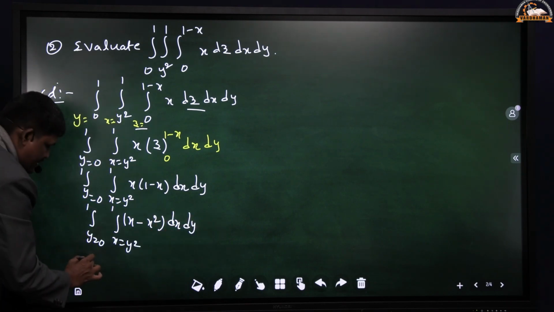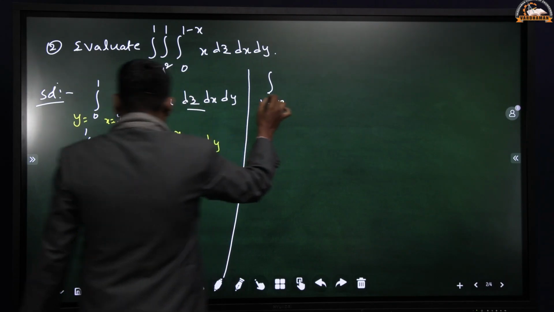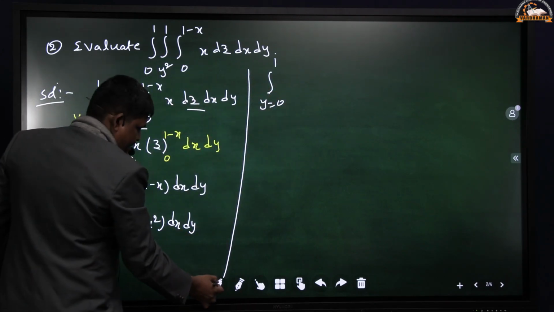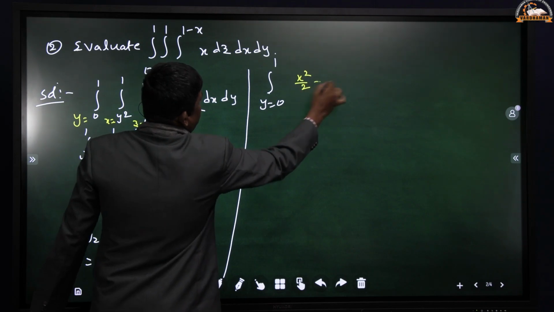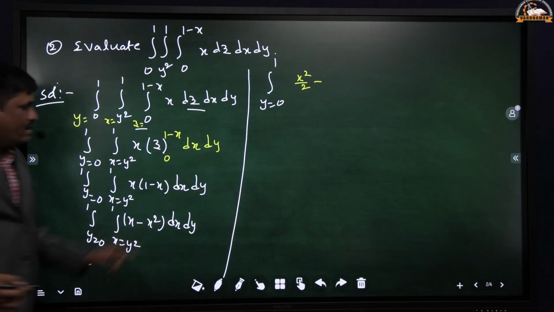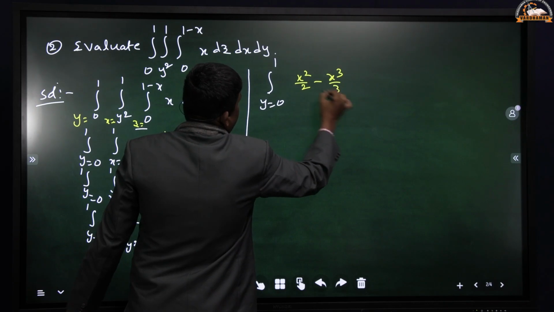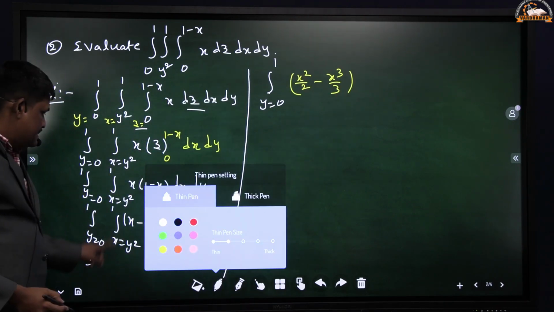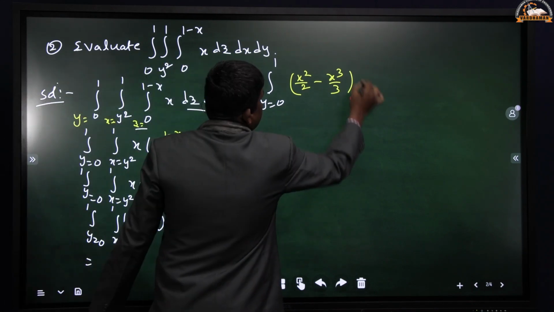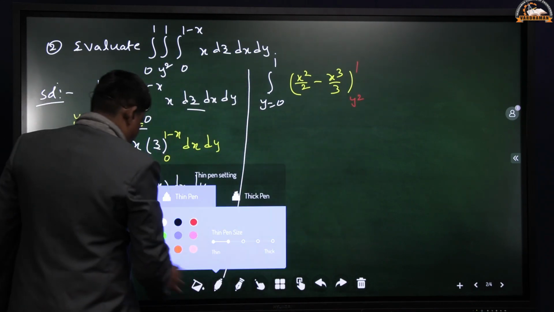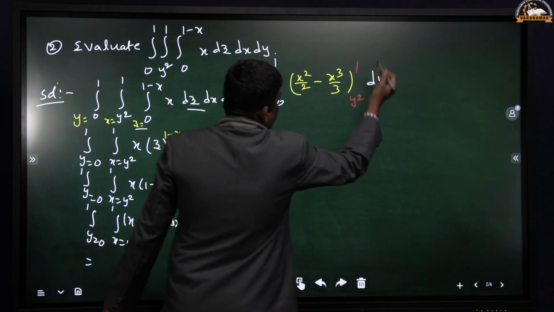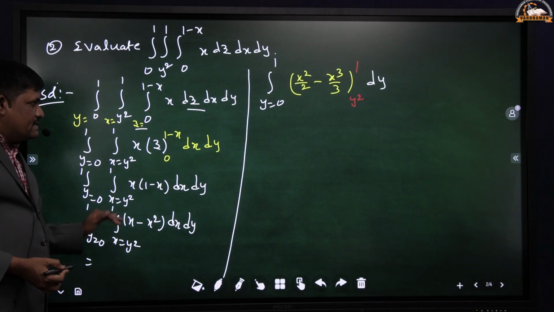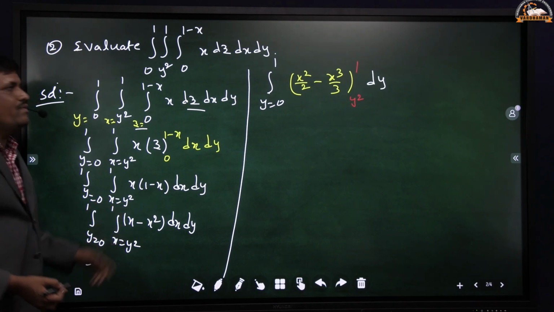The next, x dx will become x square by 2, minus x square dx will become x cube by 3, and the limits are x is y square to 1, dy. First z is eliminated, then x, at last y.